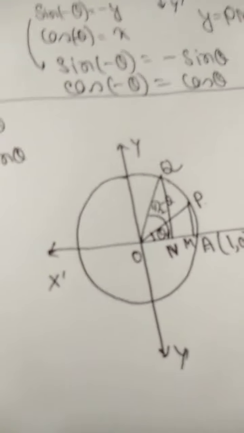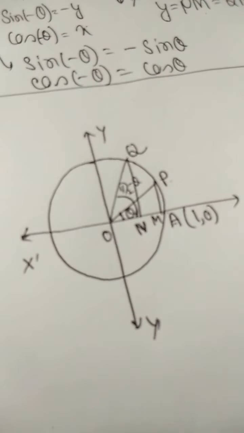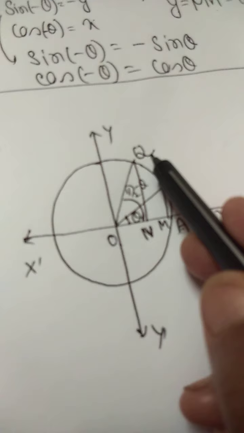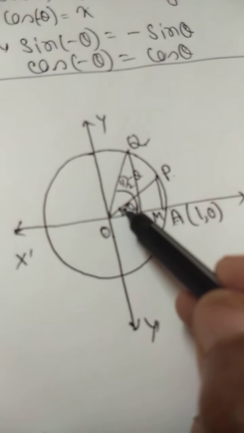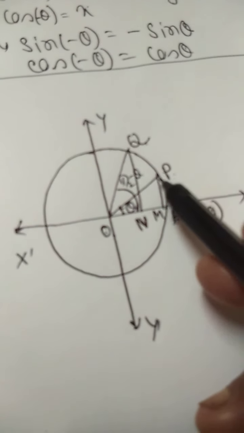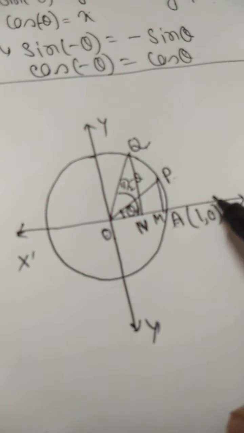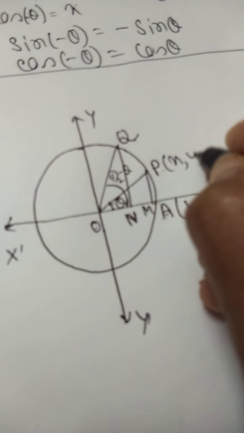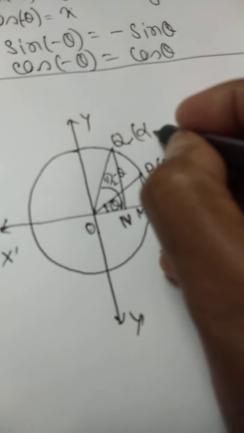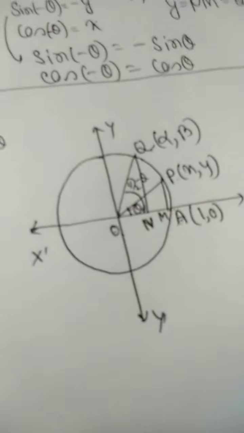Now you see here, angle AOQ is pi by 2 minus theta, and angle AOP is theta. We draw two perpendiculars PM and QN on the x-axis. Let x, y be the coordinate of P and alpha, beta be the coordinate of Q.